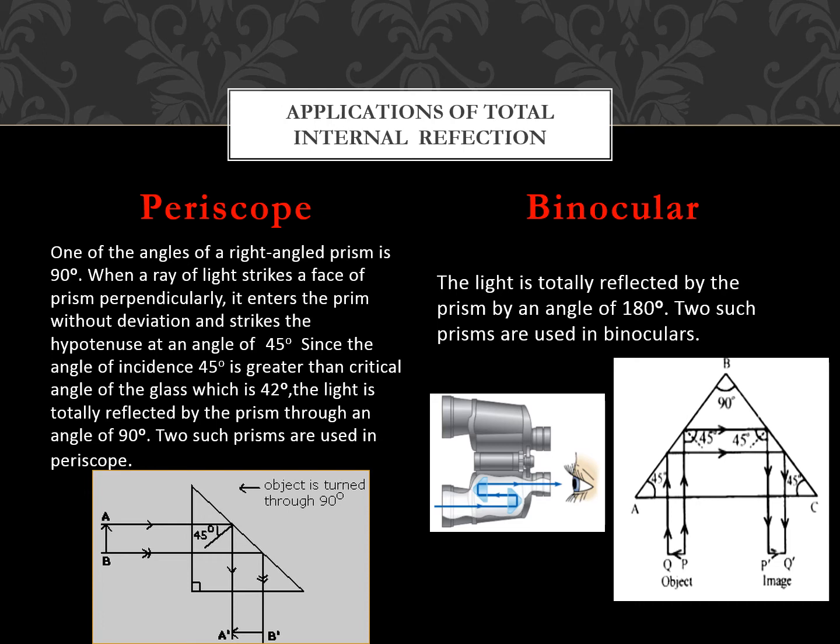As you can clearly see, the angle of incidence is greater than the critical angle of the prism or the glass, which is 45 degrees. So it will again move straight and hit the other surface, and again it will totally reflect back, and it will emerge out from the prism and make an image P prime and Q prime.